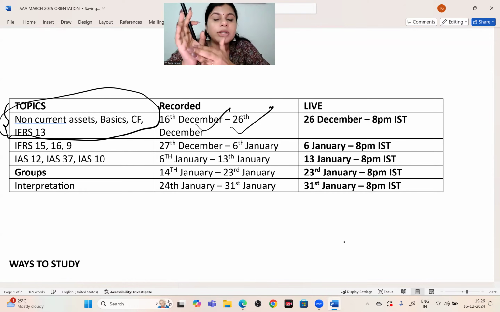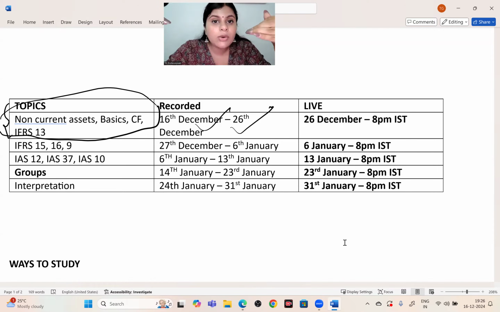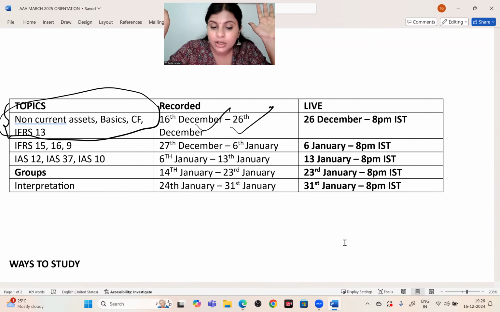If a video has no notes attached, that means you have to take running notes from that video. Maybe that concept is either not so important, which is why the notes are not attached. So you can just be okay with going through the video, or it's okay if you take running notes. That's your choice. Usually the topics with higher intensity of technical knowledge, I always attach the PDF or the PPT that I use in the class.